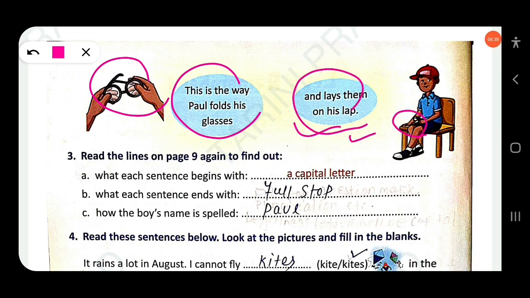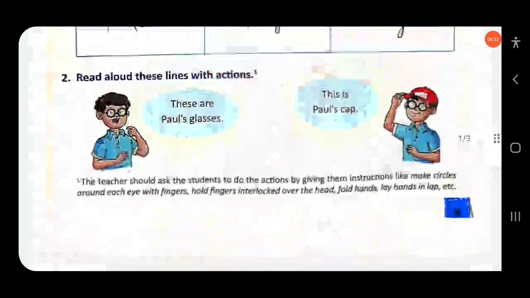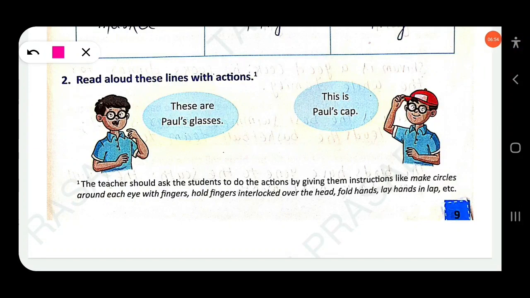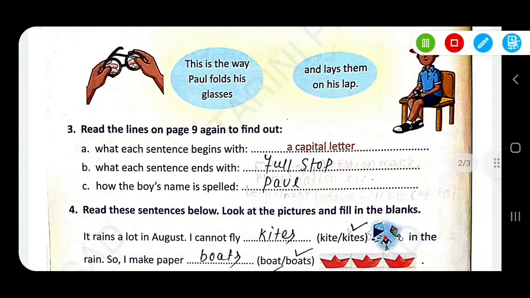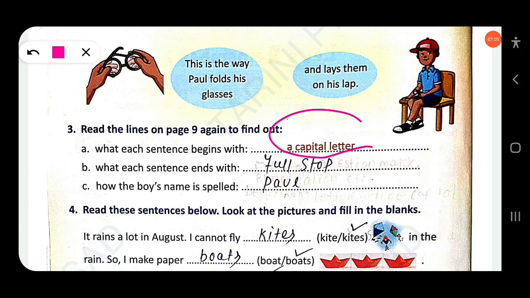Okay, so read the lines on page number 9 again to find out what each sentence begins with. Yes, a capital letter. So here T also starts with a capital letter, and these T also start with a capital letter. Here this T also starts with a capital letter. Okay, so each sentence begins with a capital letter.